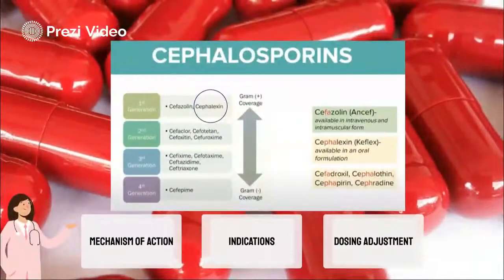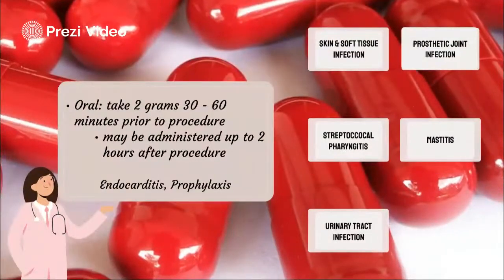And then for indications, you can use cephalexin for endocarditis prophylaxis. You take 2 grams 30 to 60 minutes prior to procedures. You may administer it up to 2 hours after the procedure.